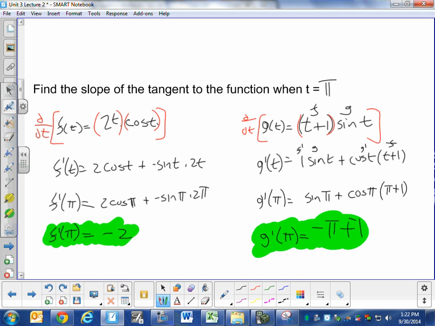Yeah. You can have either -1 times pi plus 1 or negative pi minus 1. The first guy, f and g, this is f prime, this is g. The derivative of cosine is negative sine. Then plug in pi, 2 cos of pi is -2. Negative sine pi times 2 pi is 0 because the sine of pi is 0. Okay.